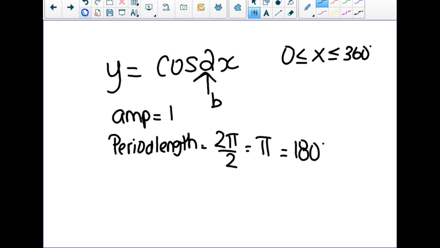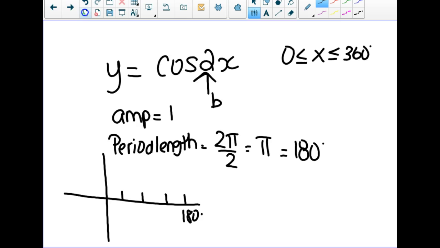Okay, so our picture is going to do a cycle in 180 degrees. Okay, so if I draw and I make 4 ticks, and I usually make 4 ticks because there's usually 4 movements. It goes up, back, down, and back. Okay, and 180 is my final period length.